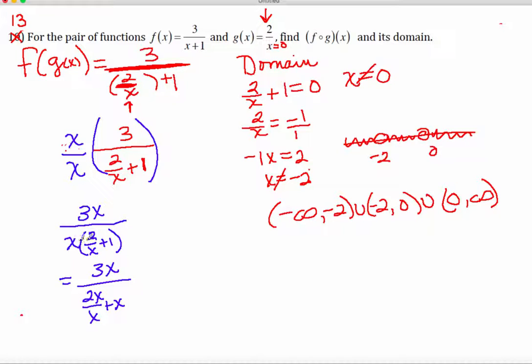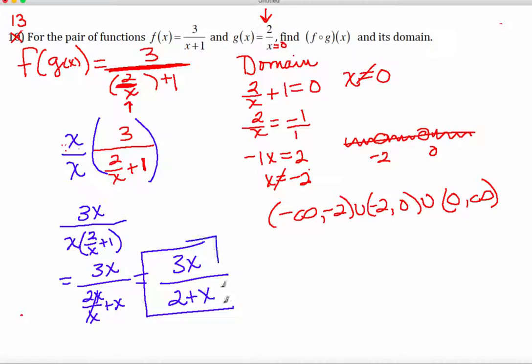So I just distributed that x straight through, and then the x's will cancel right there, and I get 3x over 2 plus x. And this is the answer that I would get if I would have done the process the way I've been doing them for you, by combining these two fractions together, and inverting and multiplying and doing everything we did in class, and you would still get the same answer right here.